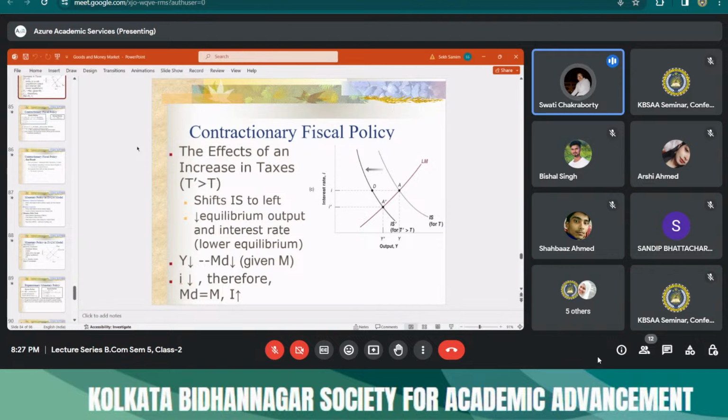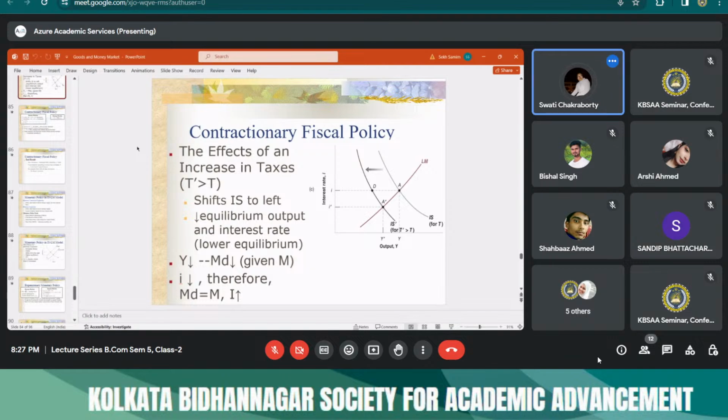Demand for money goes down means that at this time the rate of interest is quite high. Now we are going into the money market because of the decrease in income and the decrease in investment.